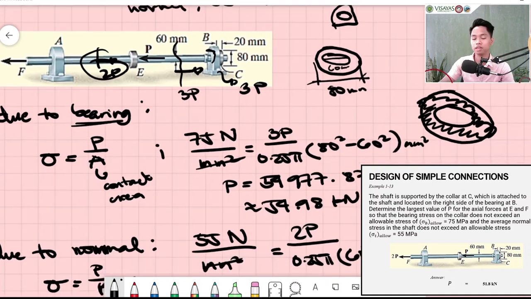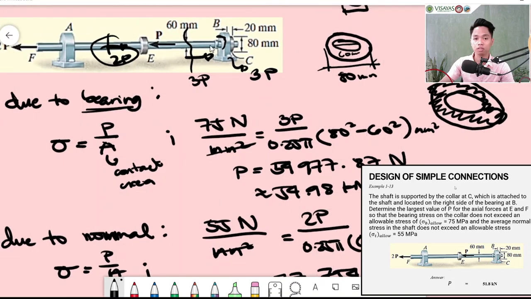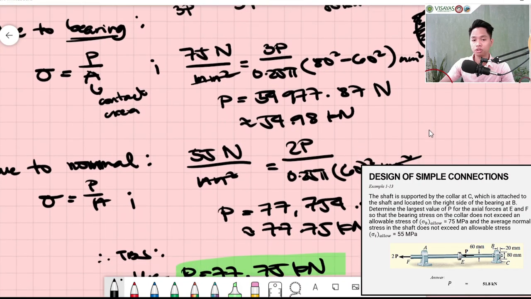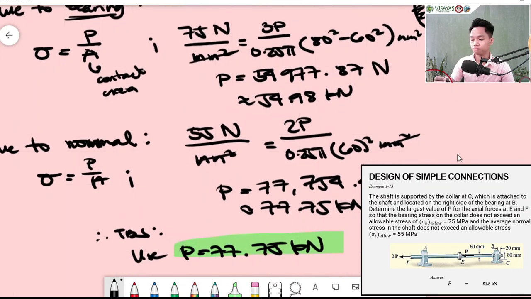Okay, by method of sections, the most critical section here is from section AA to EB. Here, AE resists only 2P, but EB resists 3P. Okay? It is still 3P. So therefore it is not 2P.